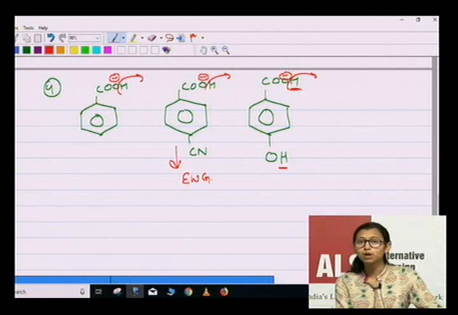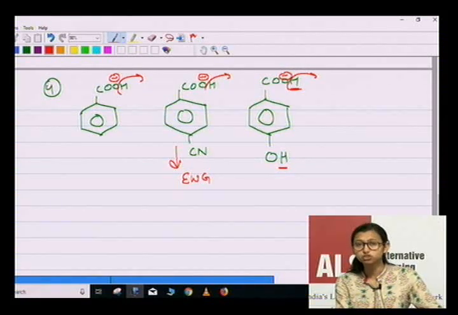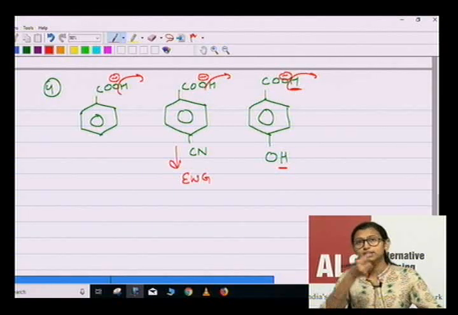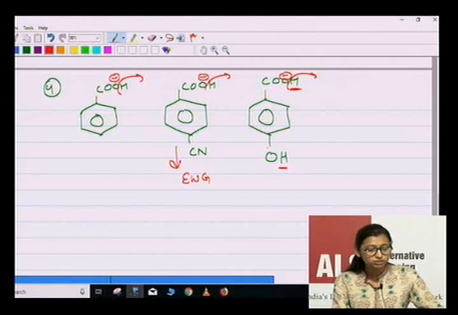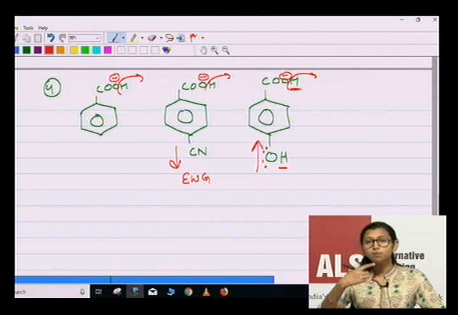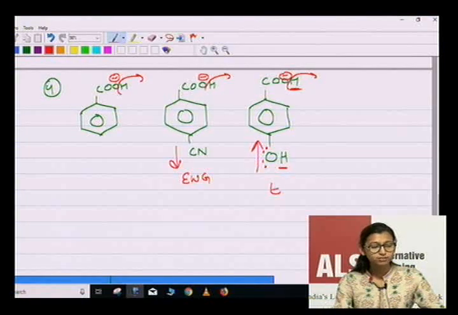You have to take care which group is electron releasing and which group is electron withdrawing. Now I am telling you that cyanide is a kind of electron withdrawing group. This is the OH, and because the oxygen has the lone pair over itself, it can act as an electron releasing group.